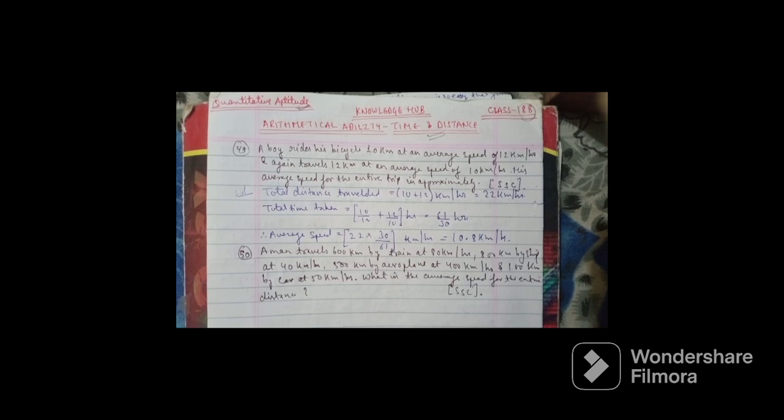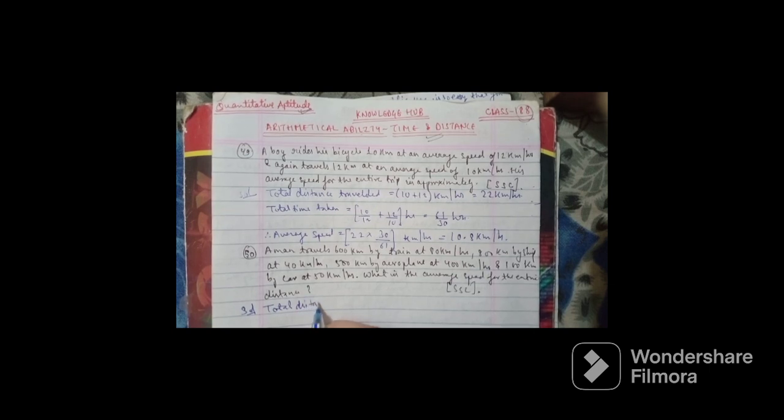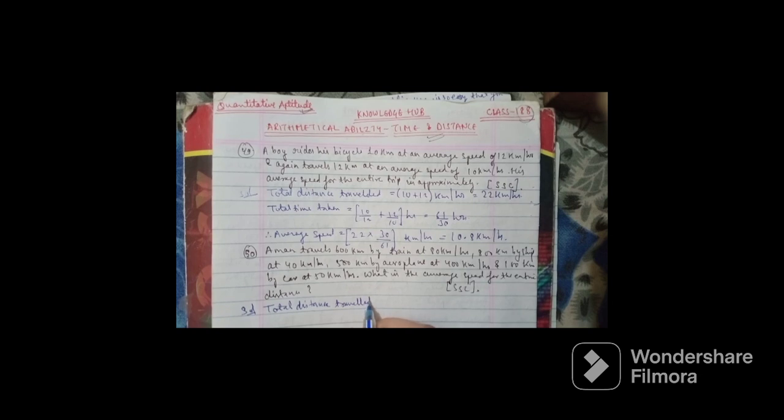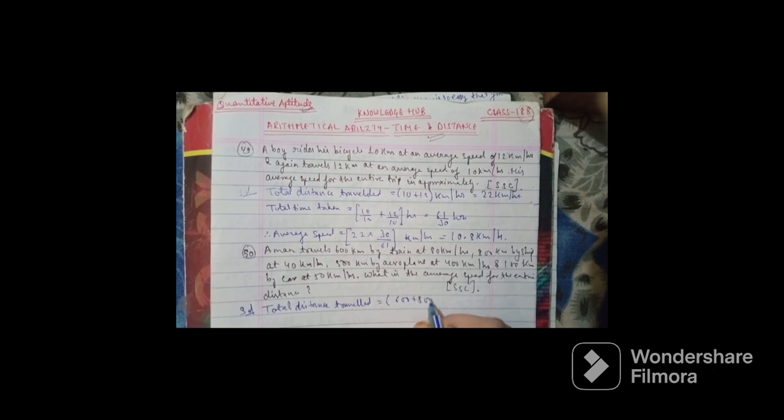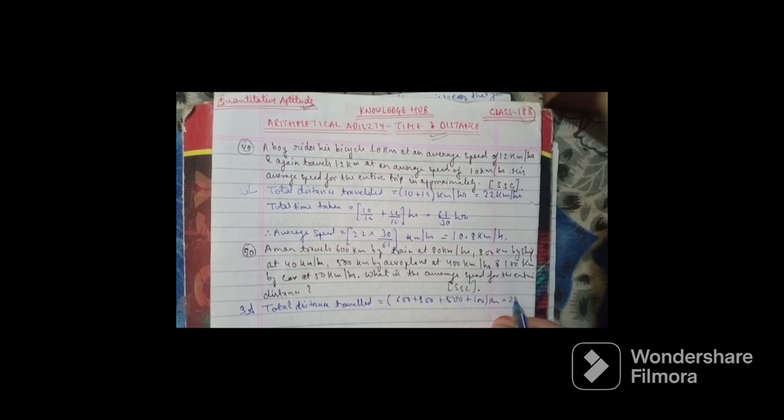Total distance traveled equals 600 plus 800 plus 500 plus 100 kilometers, that is equal to 2000 kilometers.